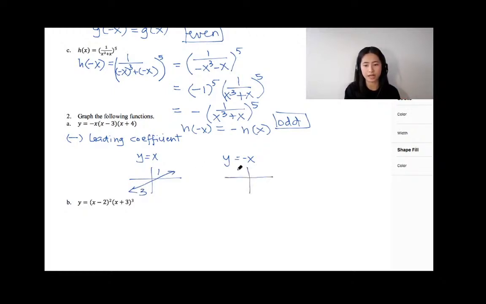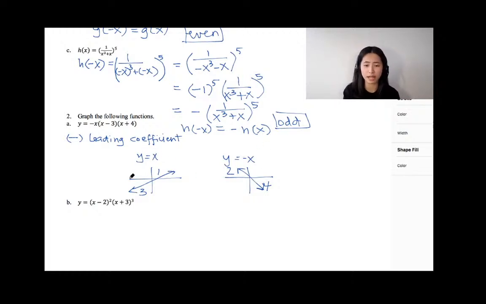Versus something like y is equal to negative x, which is quadrant 2 and quadrant 4. Does that make sense? So the negative or positive leading coefficient would determine whether your function is passing quadrant 1 and 3, if it's y is equal to x, versus quadrant 2 and 4 when it's a negative leading coefficient.